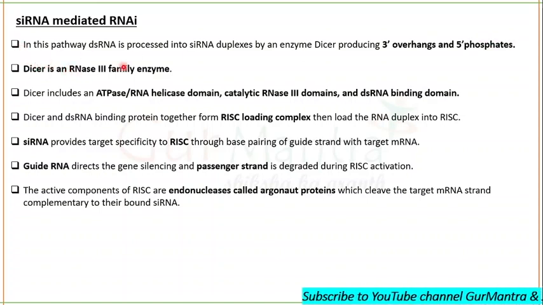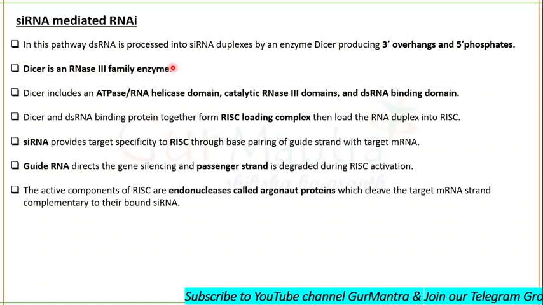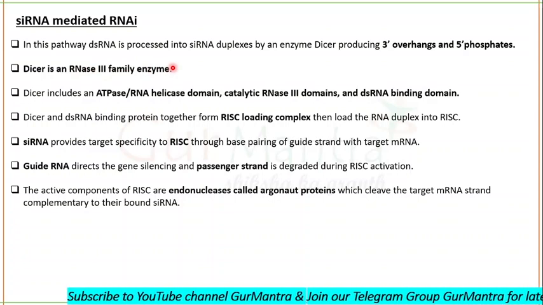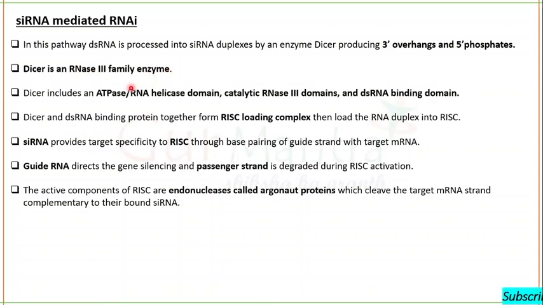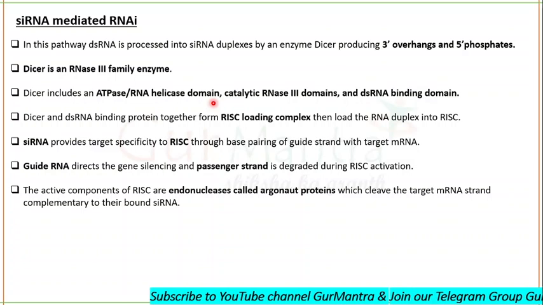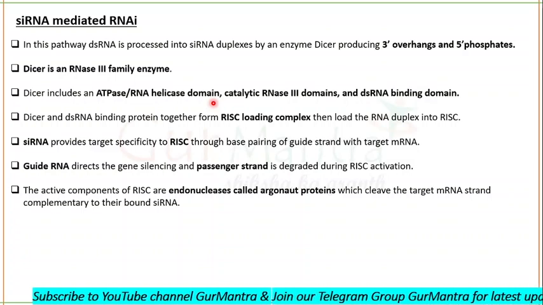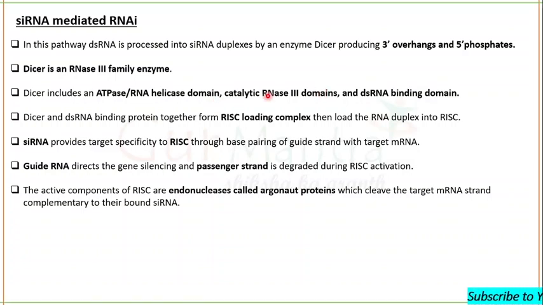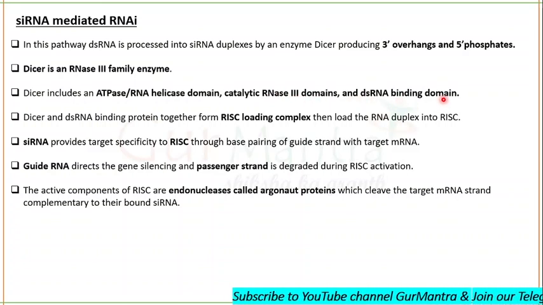Dicer is actually an RNase III family enzyme and this Dicer has different domains like the ATP-dependent RNA helicase domain, which will split the two RNA molecules into guide and passenger strands, and the catalytic RNase III domain and double-stranded RNA binding protein.